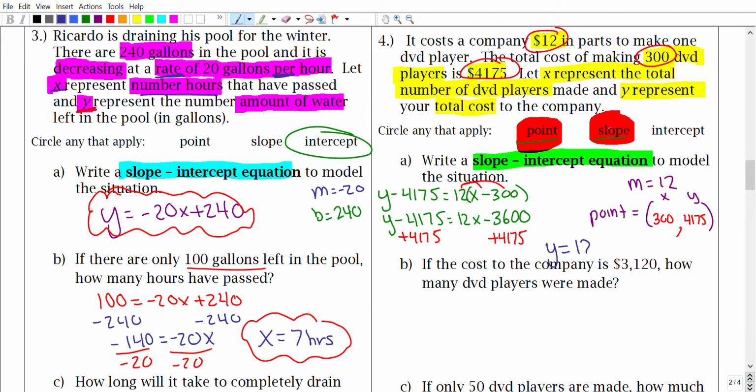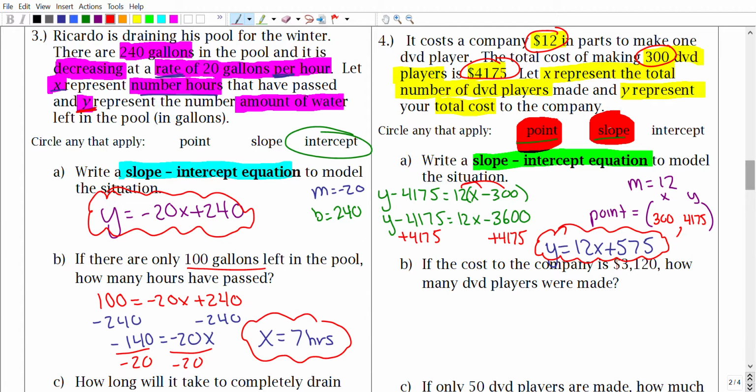I get y equals 12x. Let's go ahead and add those two numbers up. So I get 4,175 minus 3,600, which is 575. Okay, so here, this is our linear model.